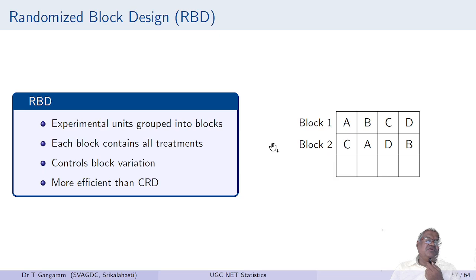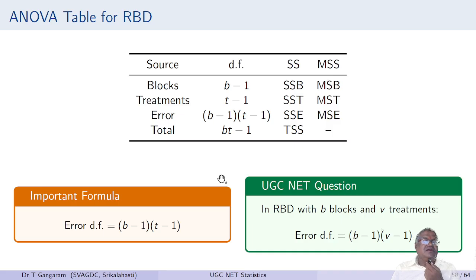Randomized block design. This is the summary of randomized block design. Units are grouped into blocks. Each block contains all treatments, which controls variation; with block variation removed, it is more efficient than CRD. This is the ANOVA table, with error degrees of freedom.